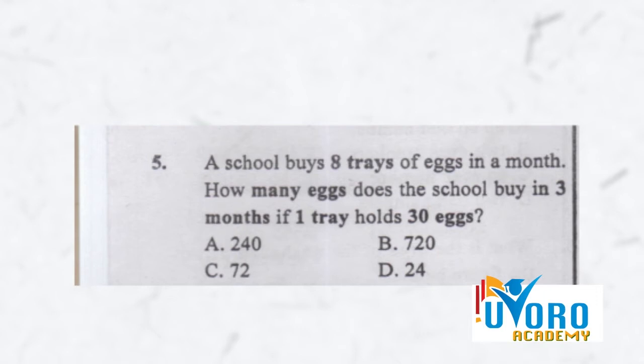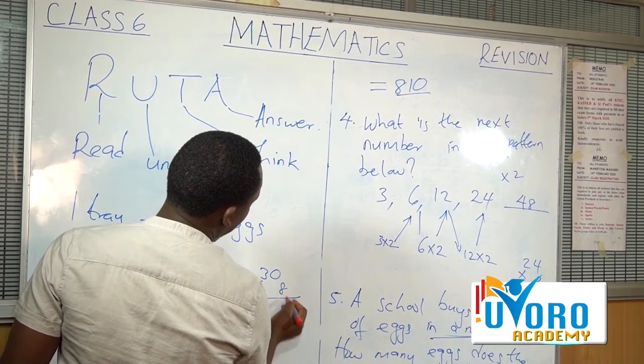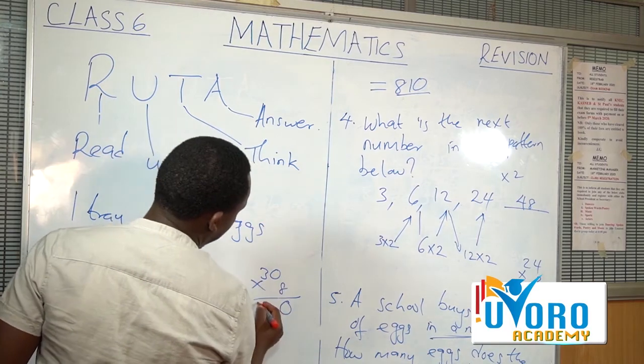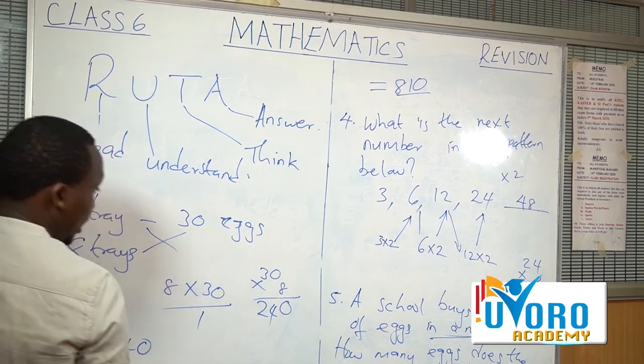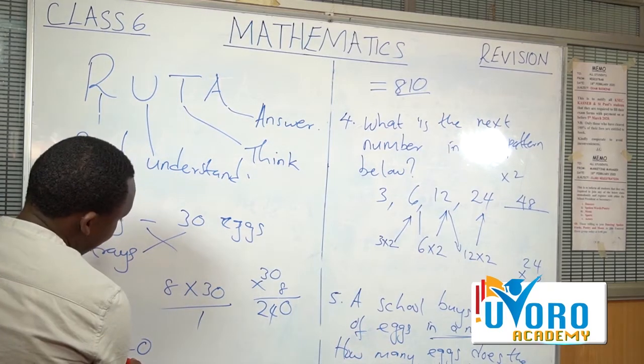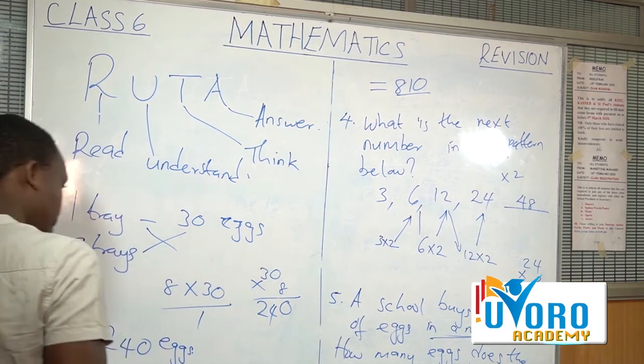You multiply to know how many eggs, 8 times 30. 0 times 8 is 0. 3 times 8 is 24. So in a month, they buy 240 eggs.